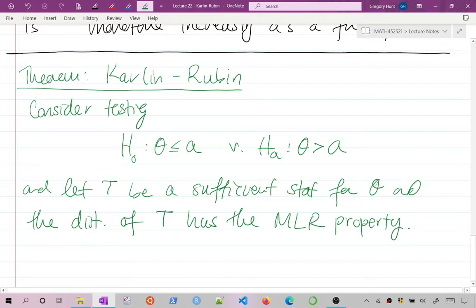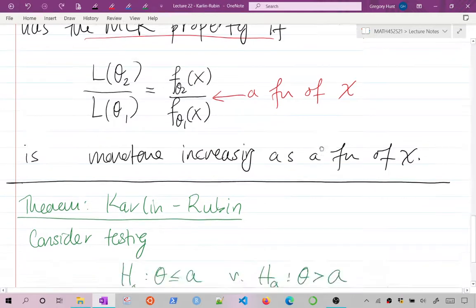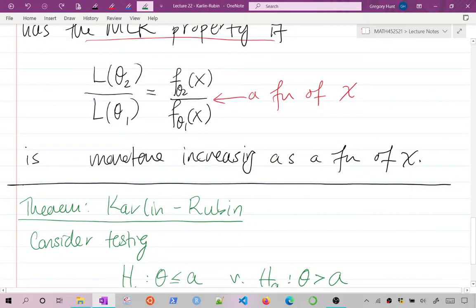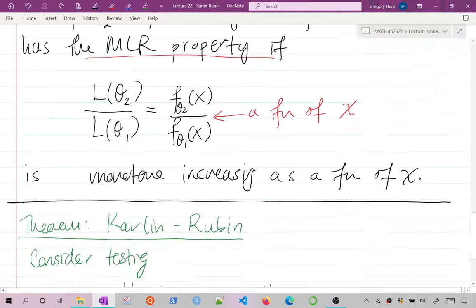So this is why when we talked about the MLR property, we talked about just one X, right? It's not a whole sample, because the MLR property only exists for univariate distributions. If you have multiple X's, you can't really define monotone in a multidimensional space. What does it mean for a function to be monotone there? It's a more complicated proposition. So the MLR property is really a property for univariate distributions or families of distributions.